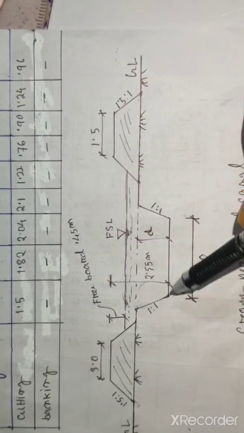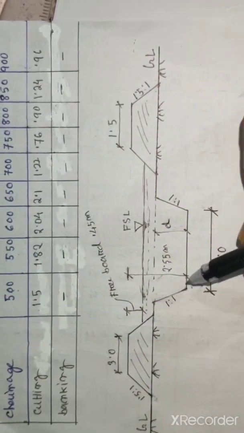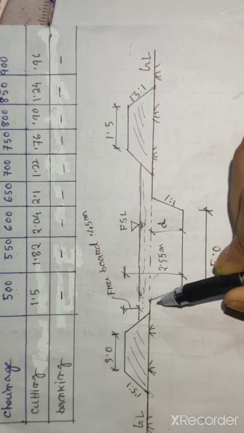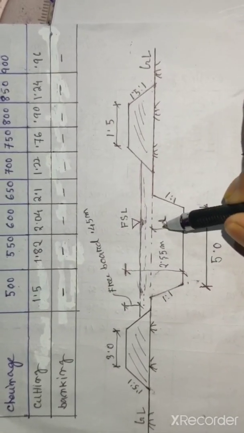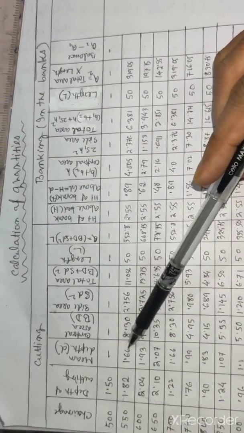You must be remembering. How do you find out the area of this? BD plus SD square. What is S? 1. BD plus SD square was the formula to calculate the area of this. So D we have found out.